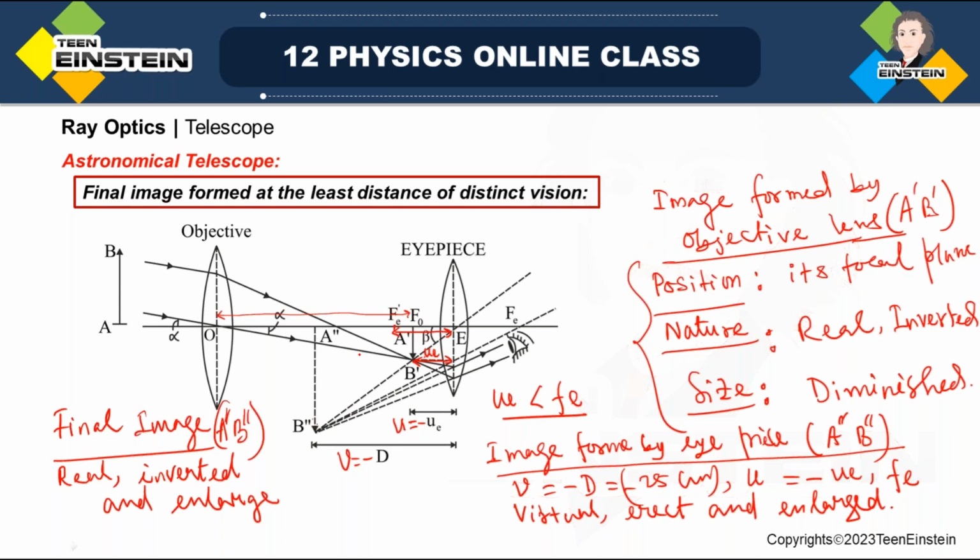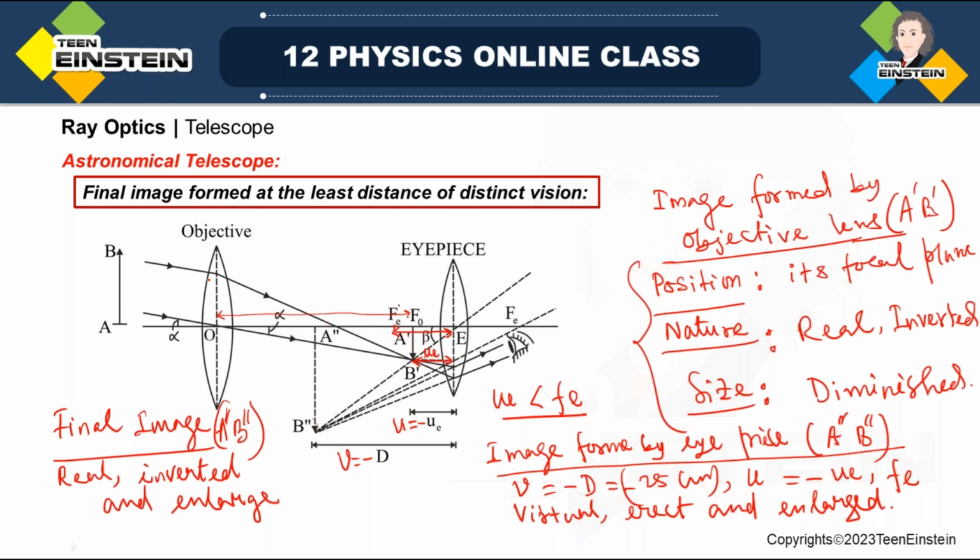So here what happens? The objective forms an inverted real image which lies within the focal length of the eyepiece, and that eyepiece then produces a virtual and erect image of that particular object.